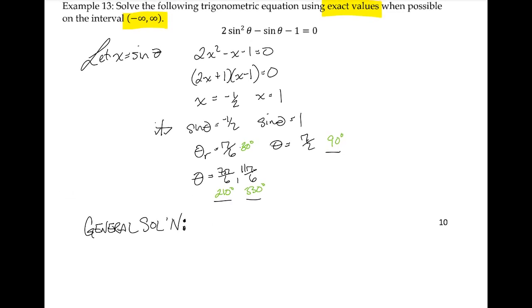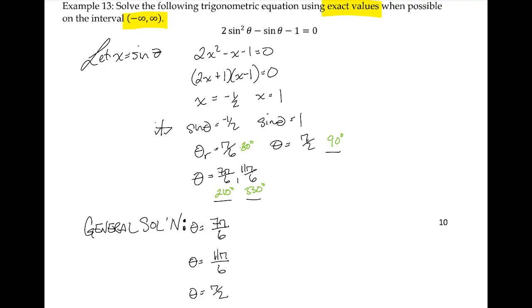So what does that mean? Well, it means that I can write 3 solutions, and they would look like this. I would start with 7 pi over 6, 11 pi over 6. So theta equals this, and theta equals pi over 2.